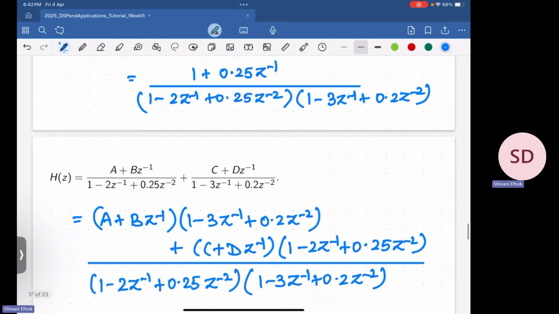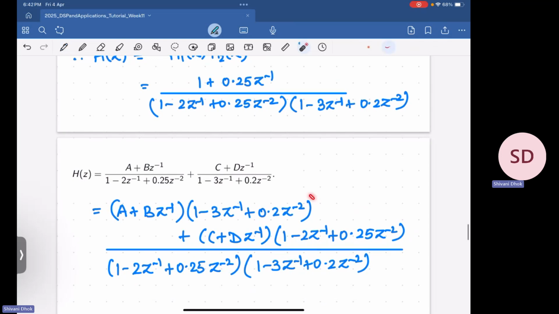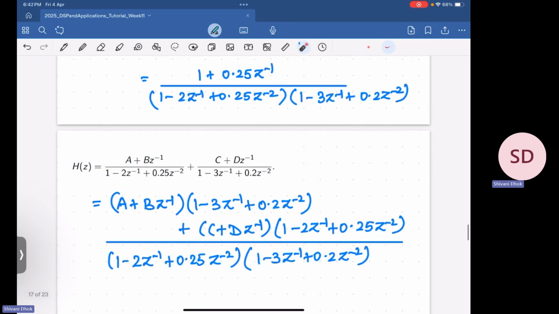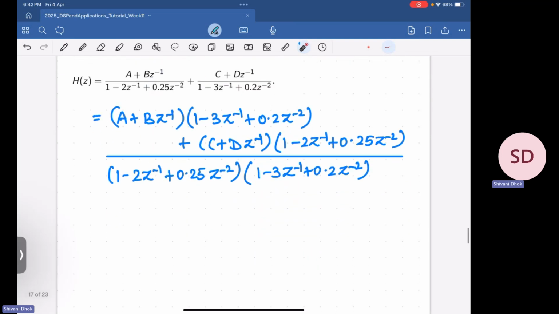Now if you observe carefully, this part and this part, they are identical. So what does it mean? The numerator here is equal to the numerator here. So therefore what we can say is this entire thing here is equal to 1 plus 0.25 z inverse.